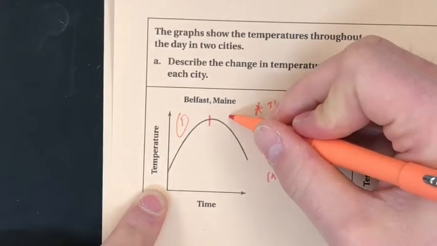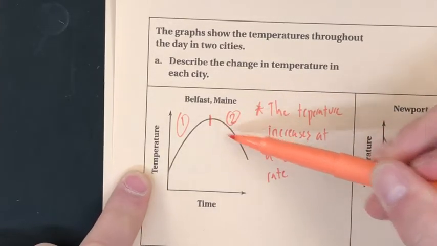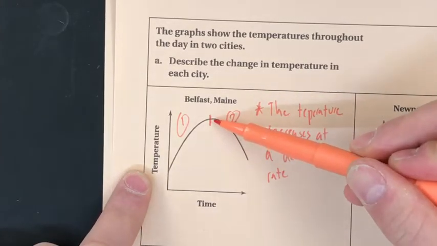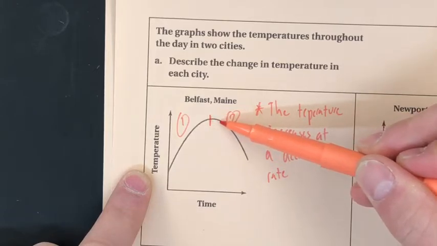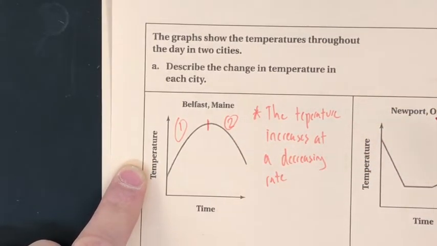Then the second part here, now our curve, it's going down, so I know the temperature is decreasing, and this line starts off pretty flat, decreasing just a little bit, and then it gets steeper and steeper and steeper, and the temperature starts dropping faster and faster.